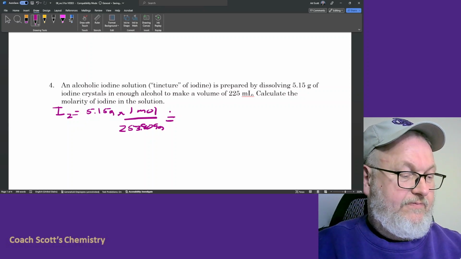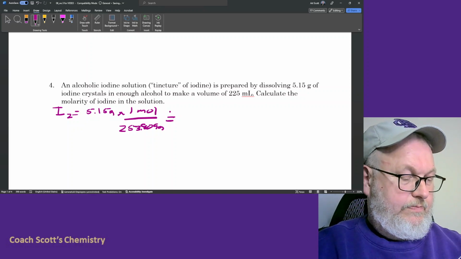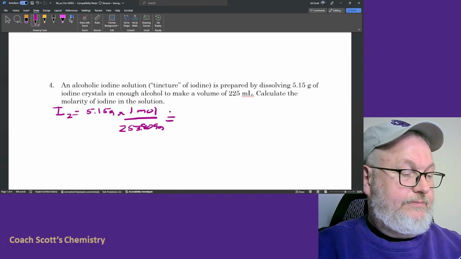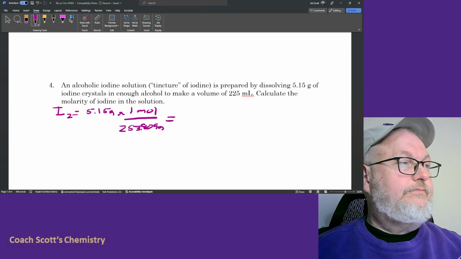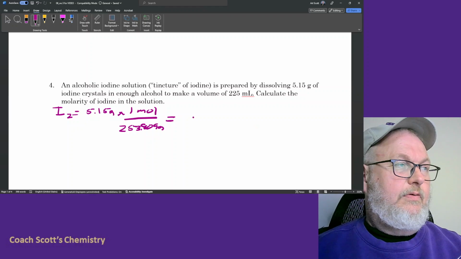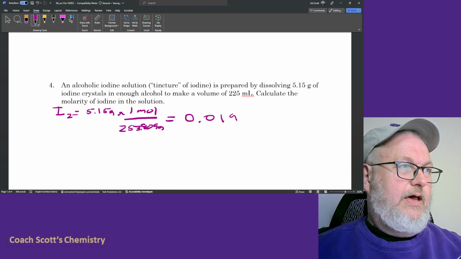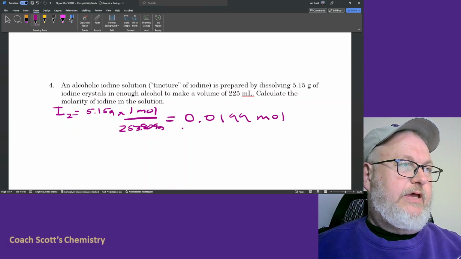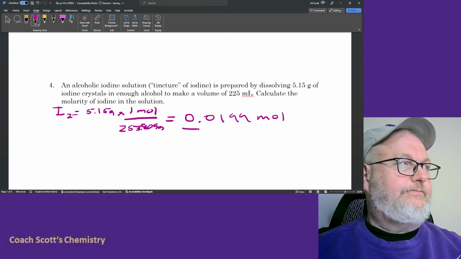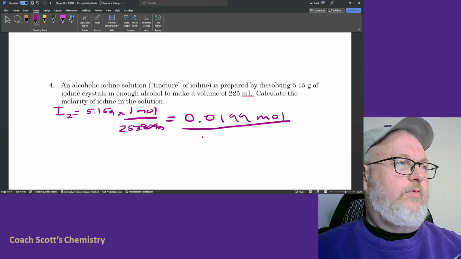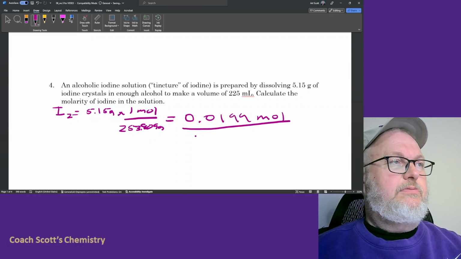5.15 divided by 253.809. I got 0.0199 moles. Okay, so again, to get the molarity, that's what it's asking for, I divide the moles by the liters of solution.